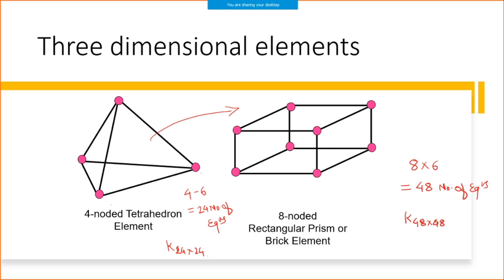That is why most of the time the tetrahedron element is preferred, as it is most useful and takes a much smaller number of equations in a similar kind of analysis. That's the reason tetrahedron is preferred more in 3D analysis. But sometimes when you can't mesh it and your shape is regular, you can go for the brick element.